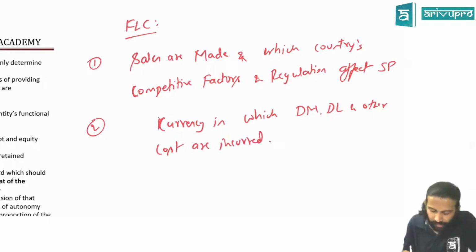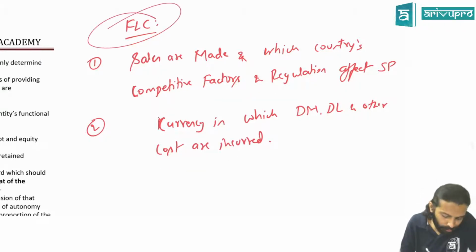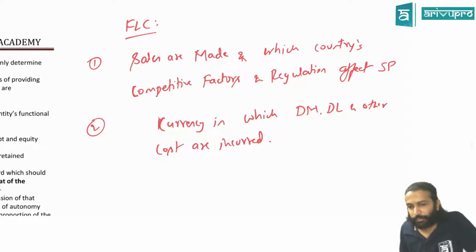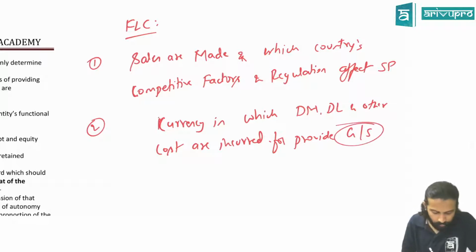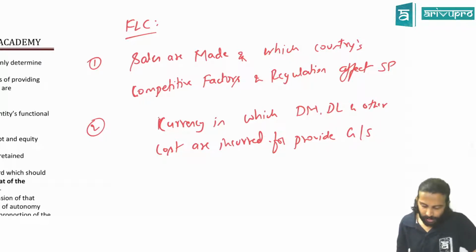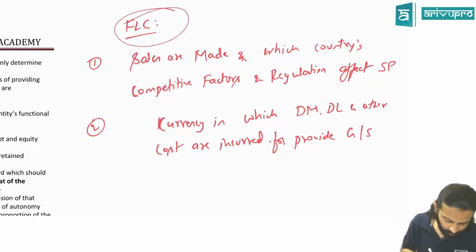In which currency you are incurring the cost, that currency becomes your functional currency, is what they are saying. And why do you incur the cost? To provide goods or service. To provide goods or service only you incur cost, no? To provide these goods or service, check in which currency you are incurring the cost. That currency becomes your functional currency.